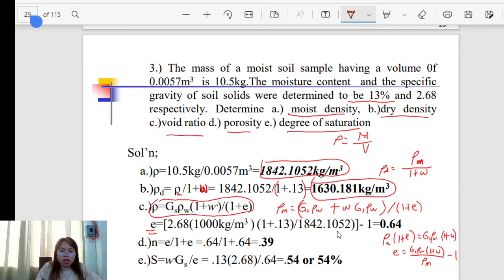This is actually the equation. And so the void ratio is 0.64.